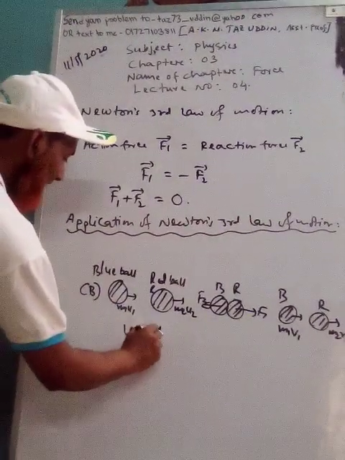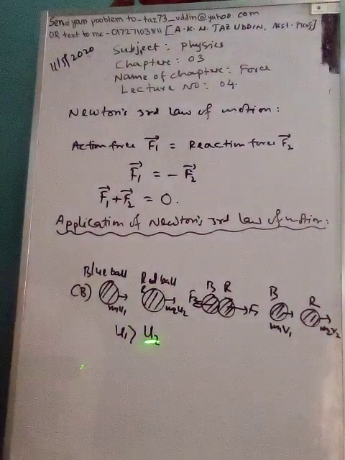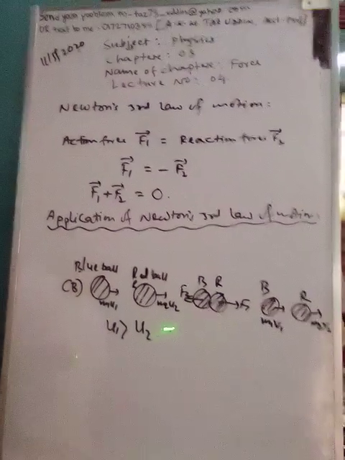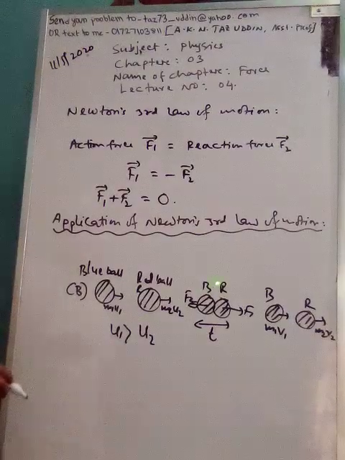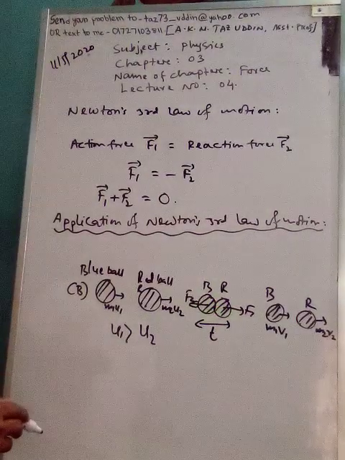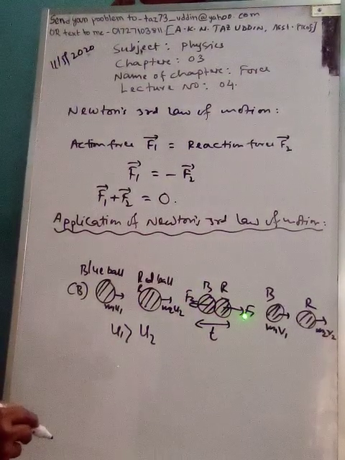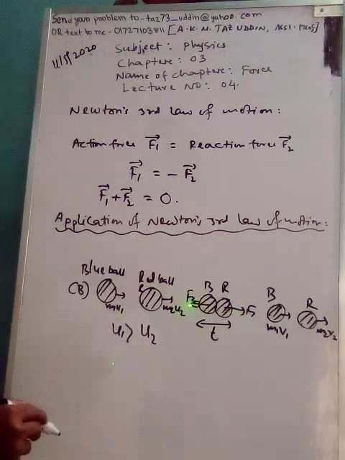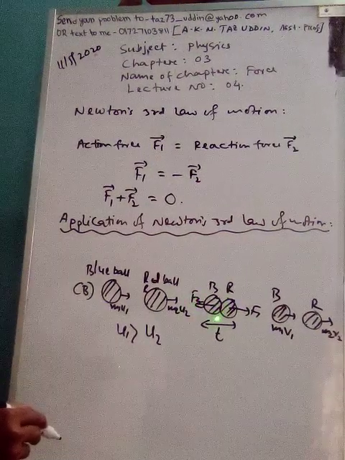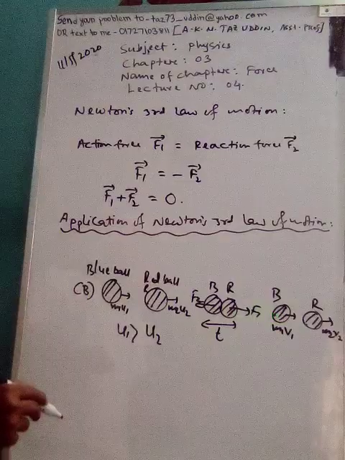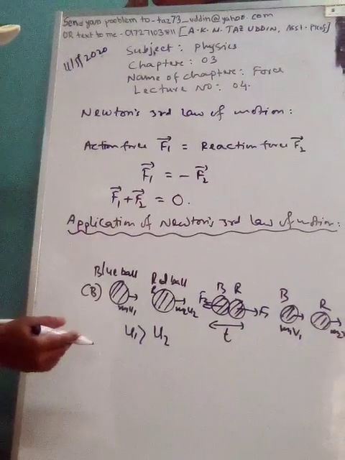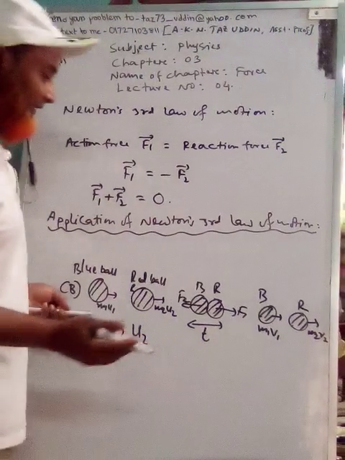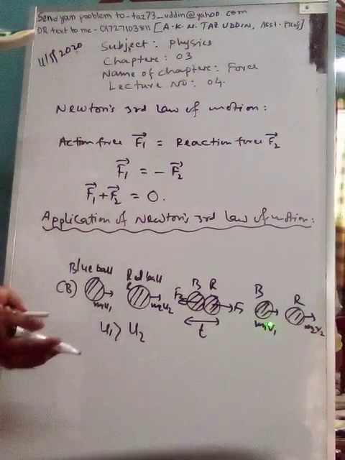So after some time they collide. Let the time of collision be t. During the collision, the blue ball gives a force F1 to the red ball, and the red ball gives the reaction force F2 on the blue ball. After the action-reaction force their velocities change, because you know from Newton's second law that when any force acts on a body, its velocity changes. Let the new velocity be v1 for the blue ball and v2 for the red ball.